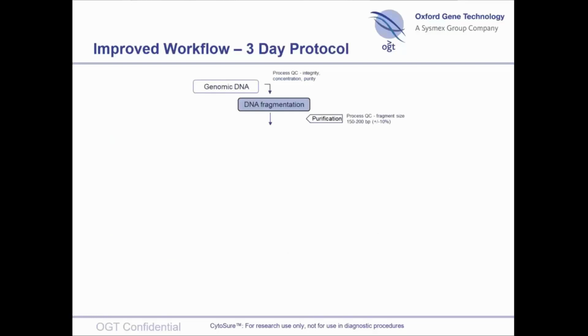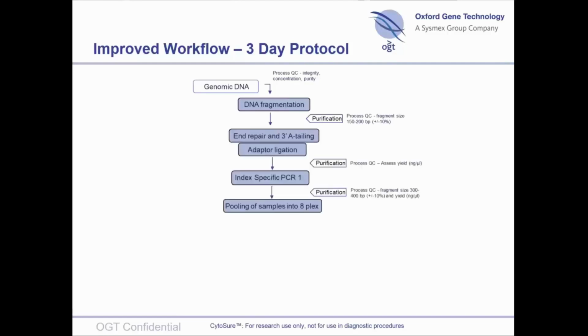So our protocol starts with 1 microgram of good quality genomic DNA. This is then sheared mechanically with a Covaris machine. The library preparation then follows with end repair, A-tailing and ligation of adapters. Our new improved workflow now includes an indexing PCR prior to hybridization. At this point, it is important to make sure that your indexes are unique within your sequencing run.